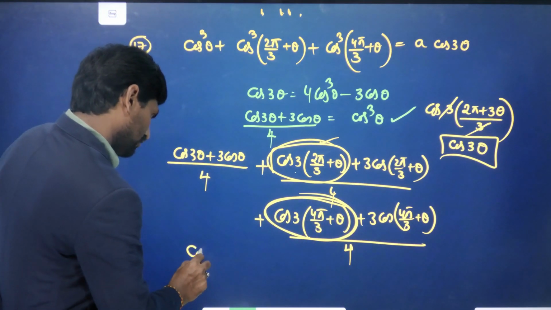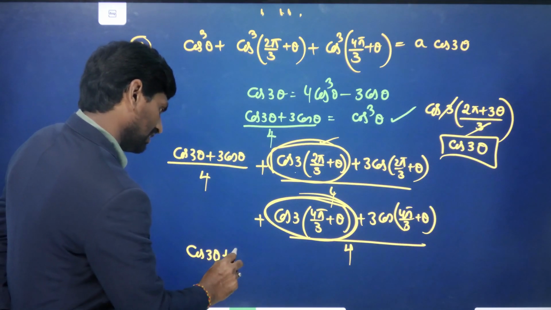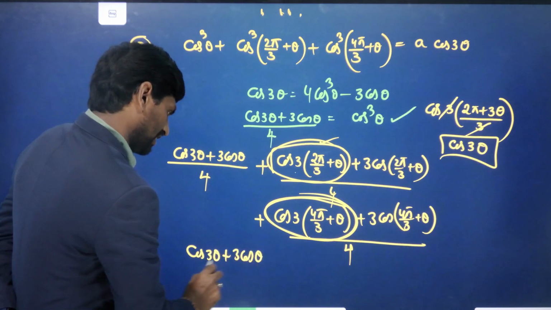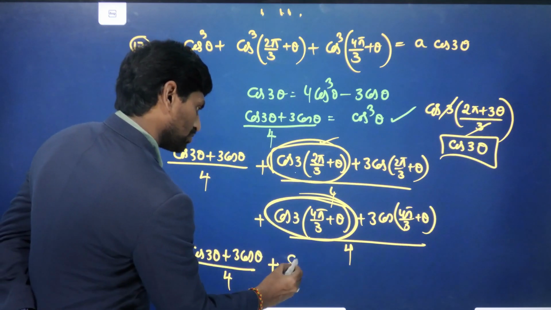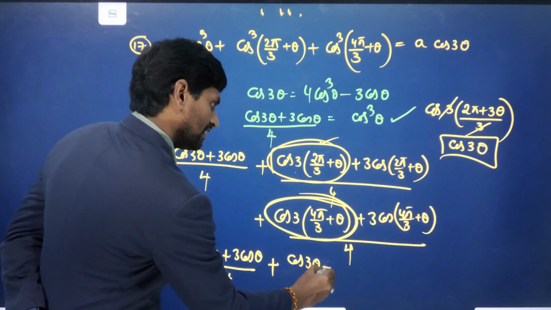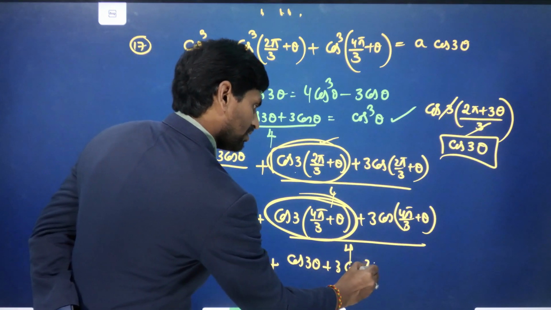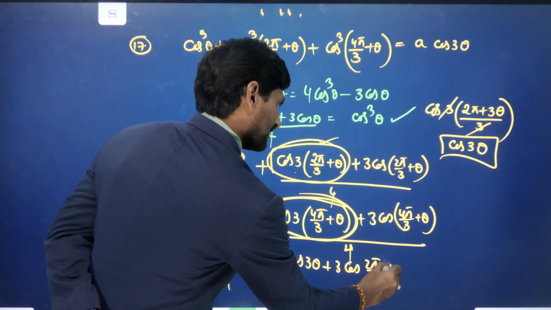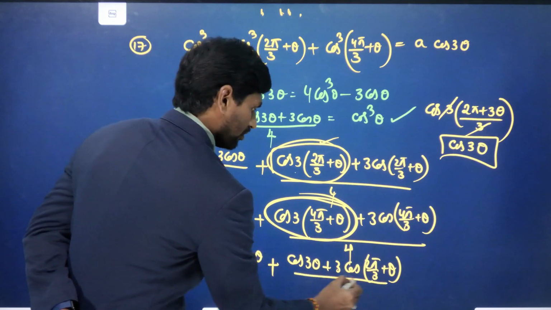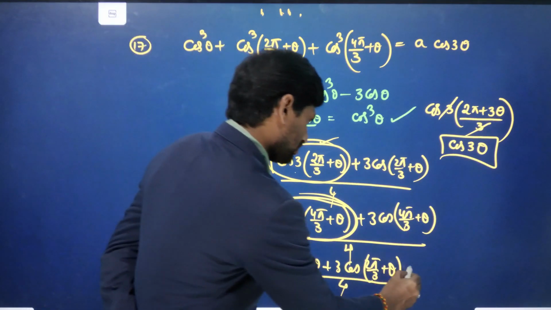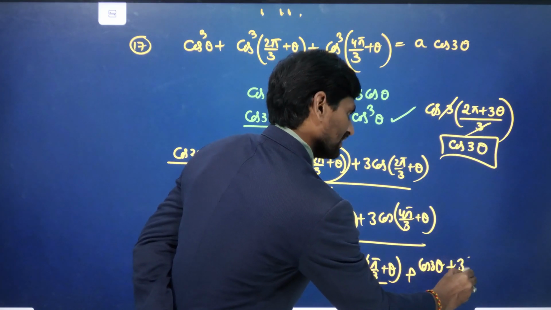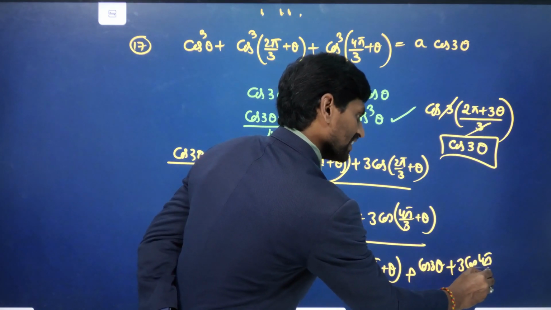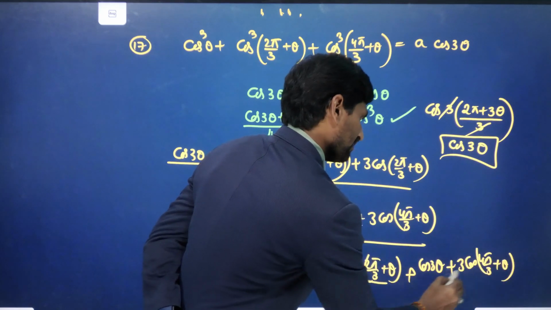Then the value will be (cos 3 theta plus 3 cos theta) by 4, plus this term becomes (cos 3 theta plus 3 cos (2 pi by 3 plus theta)) by 4, and the third term also (cos 3 theta plus 3 cos (4 pi by 3 plus theta)) divided by 4.